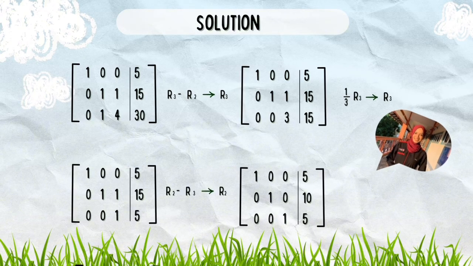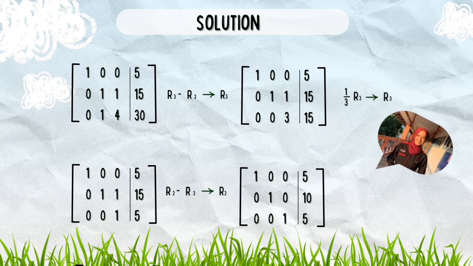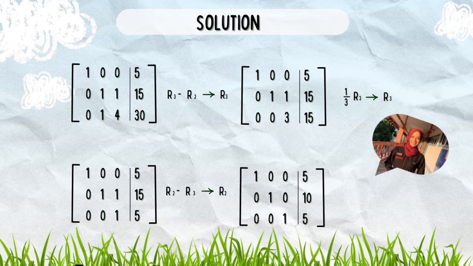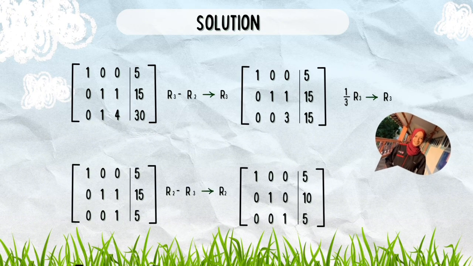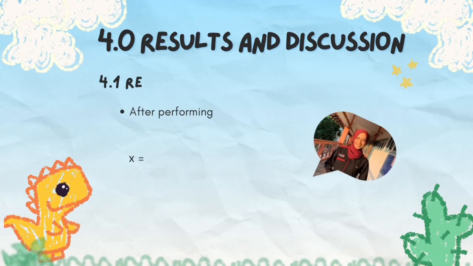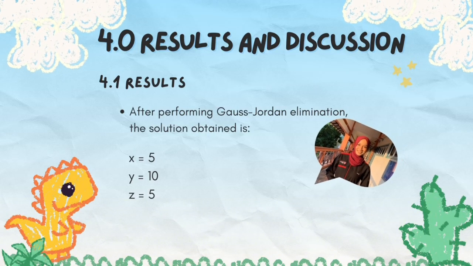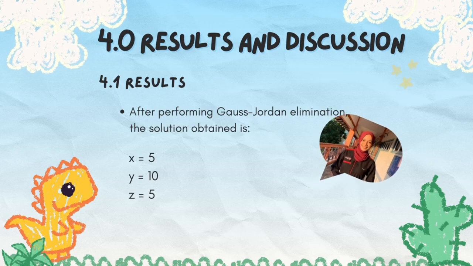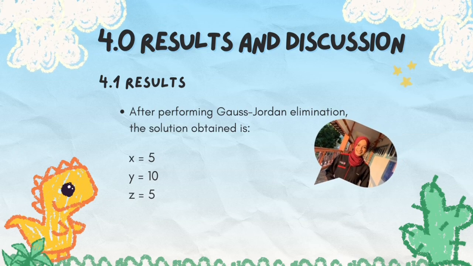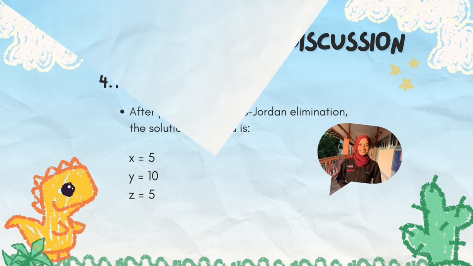And the equation is row 2 minus row 3 becomes row 2. And the answer for row 2 is 0, 1, 0, 10. That's the result for the equations that we made just now. After performing Gauss-Jordan elimination, the solution obtained is x equals 5, y equals 10, and z equals 5.